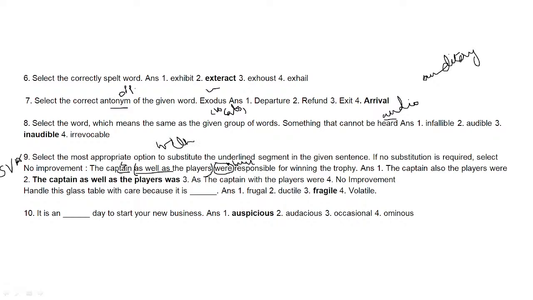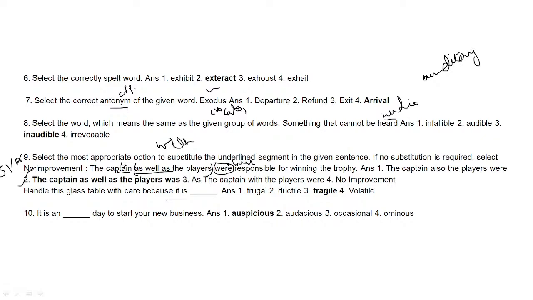We consider this portion as inside a bracket. We will only concentrate on the captain. We will not concentrate on as well as the players. That is why our answer will be the captain as well as the players was responsible for winning the trophy.